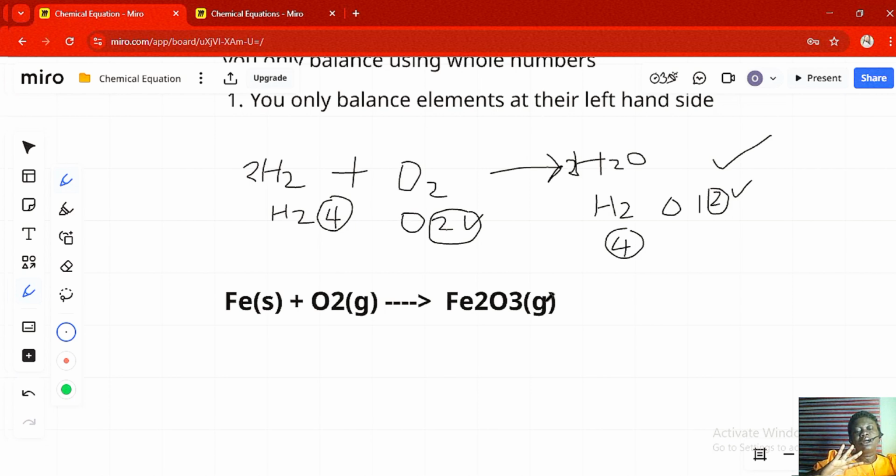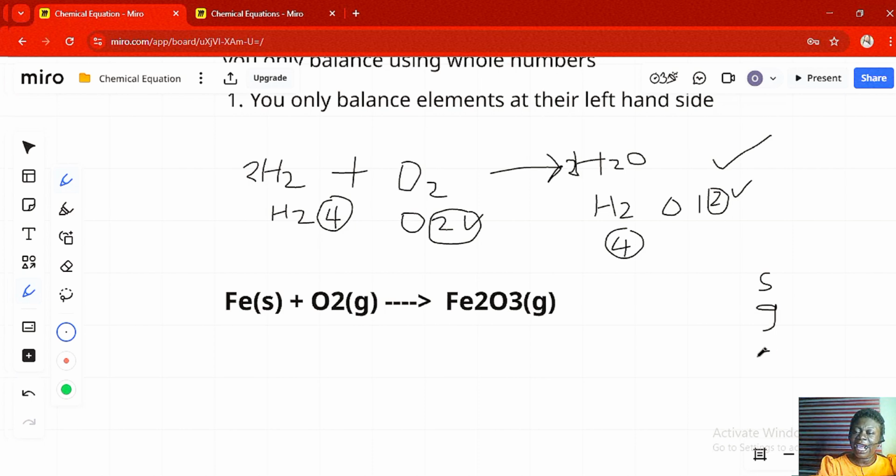When we talked about the states of matter, we said matter can be liquid, solid, or gas. Matter can also be aqueous. Now, when you see a chemical reaction like this on the board and you see S here, it means solid. When you see G, it means gas.